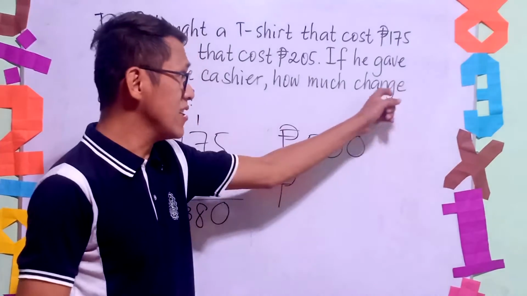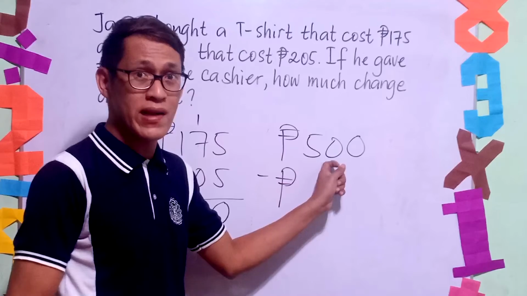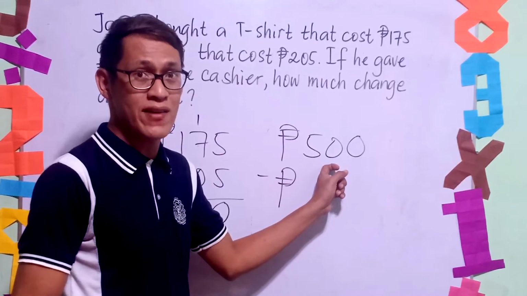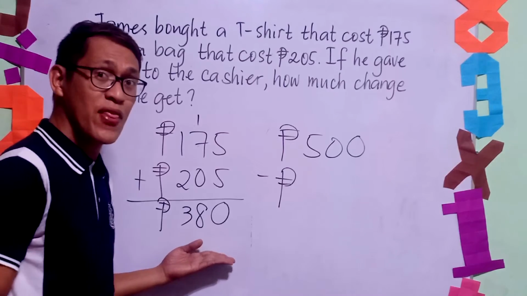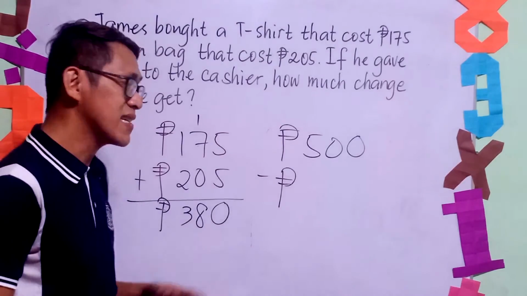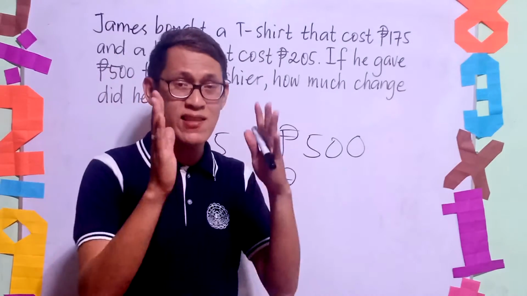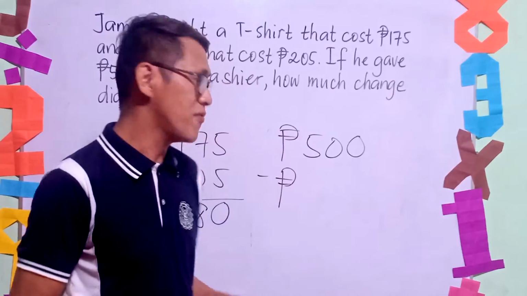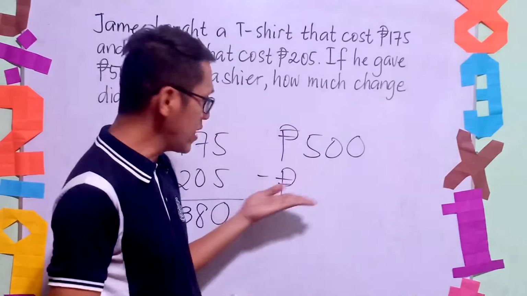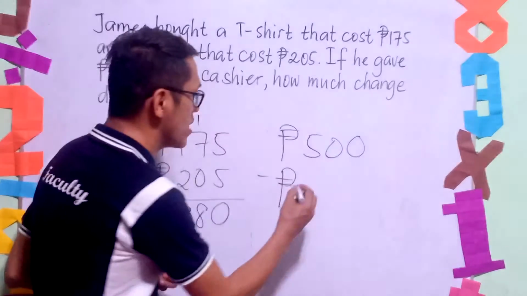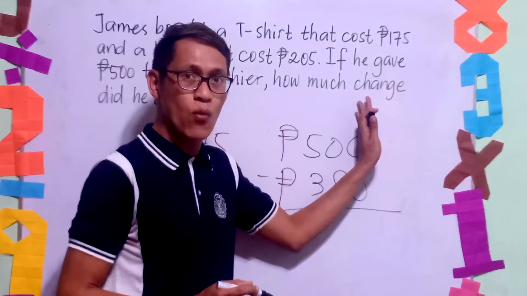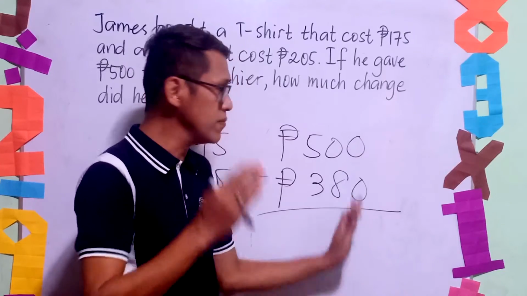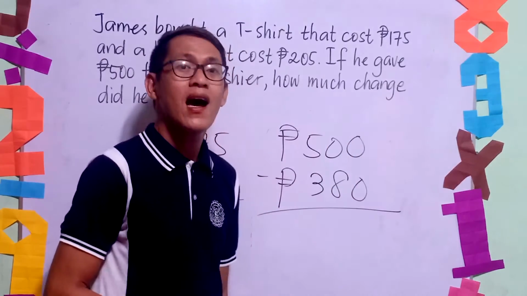To get the change, you simply subtract the money of James, which is 500 pesos, minus the total expenses, which is 380 pesos. So if you notice, all the ones digits are in one column, the tens and the hundreds.